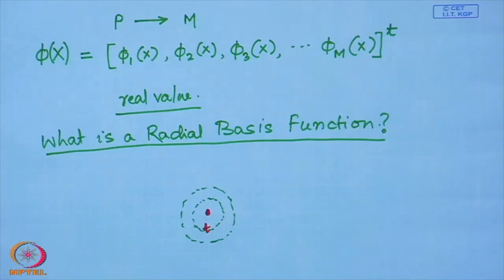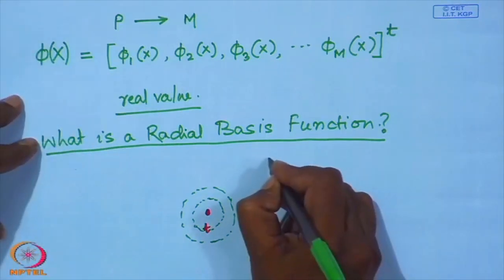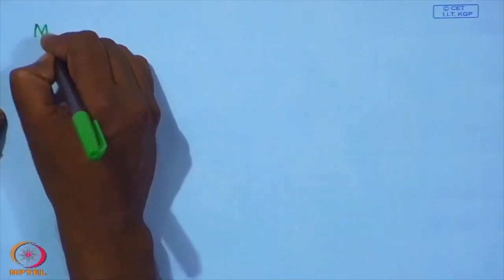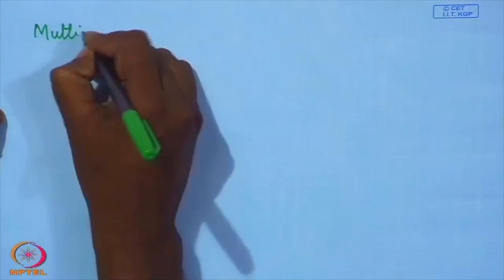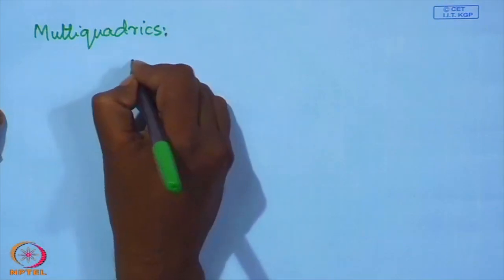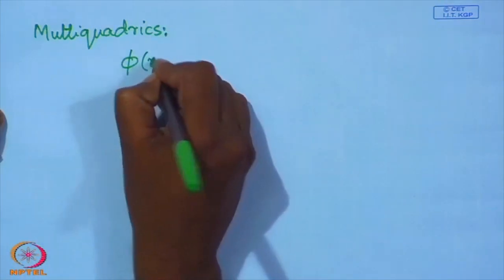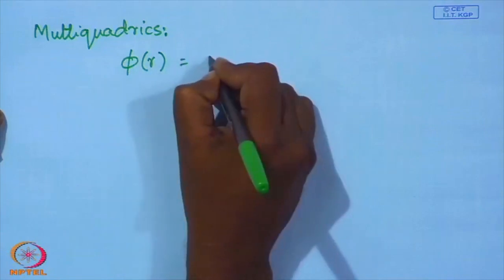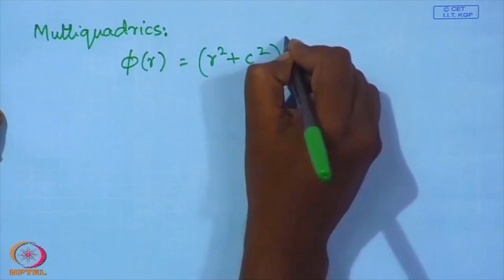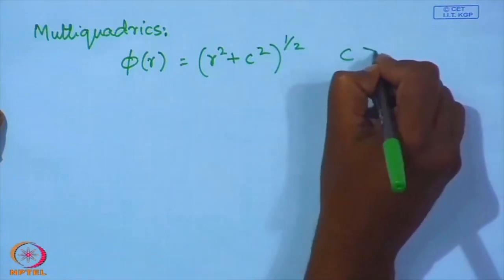One of them is called multi-quadrics, which is given by phi of r equal to r square plus c square to the power half, for c greater than 0.